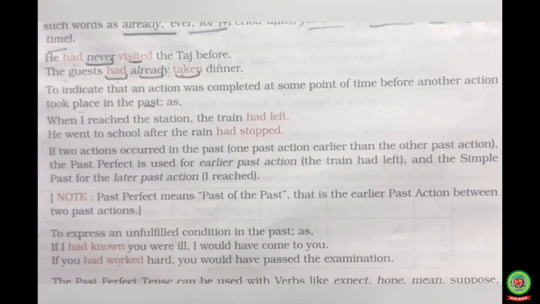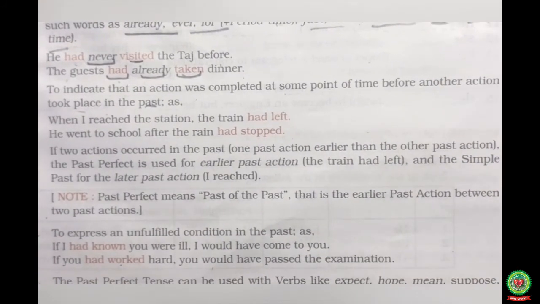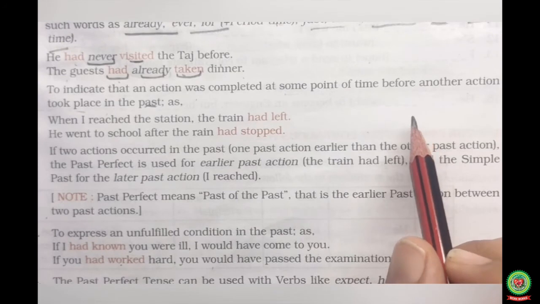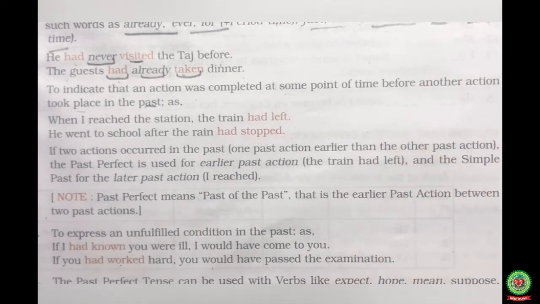In your second point, children, the writer has told us that, in simple way, in your sentence, 2 actions are given. With your first action, you are going to use your past perfect tense, and with your second action, you are going to use your simple past tense.